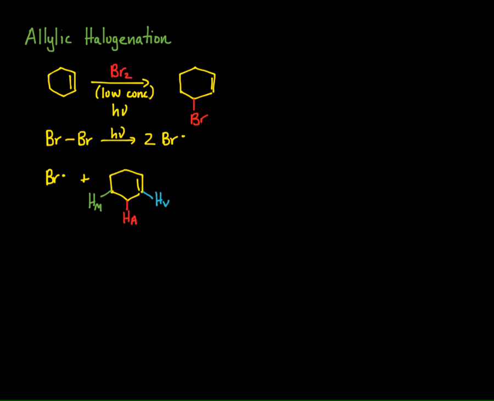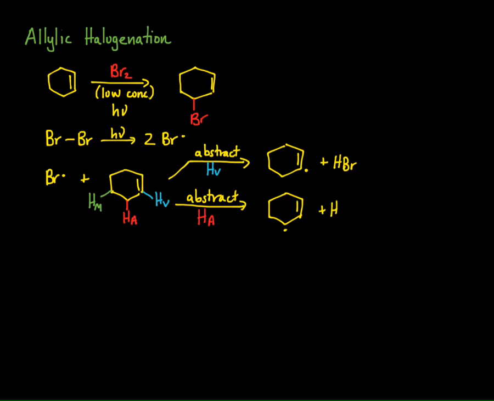The first one we'll look at is abstracting the vinylic hydrogen. So when I remove a vinylic hydrogen with bromine, I get HBr, and then I get the vinylic radical, right? Now, I can also abstract the allylic hydrogen, and the result is I get an allylic free radical.